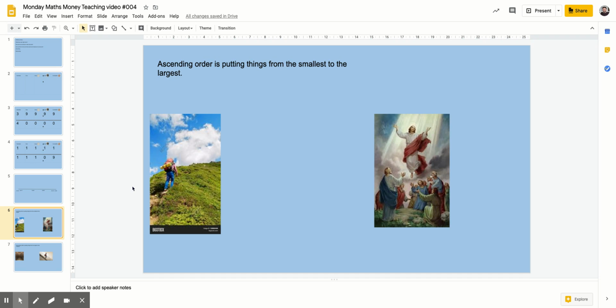They're climbing to the largest point in the mountain. And then quite often people refer to ascending to heaven as a religious subject as well. So they say if you're going to heaven, you're ascending to heaven because you're going up into heaven, as shown with this diagram here, this picture here.